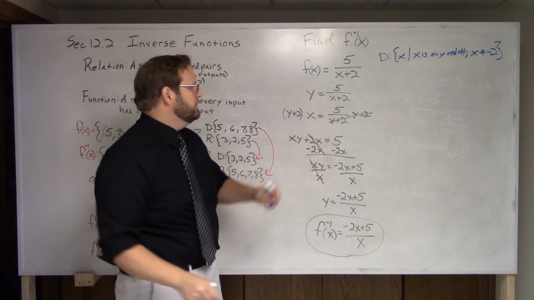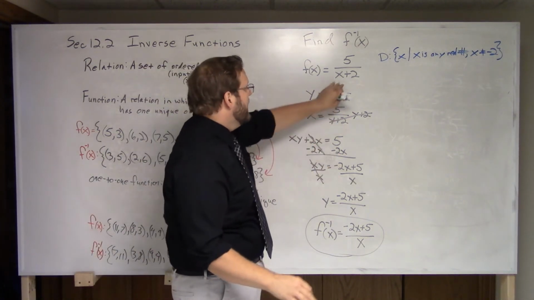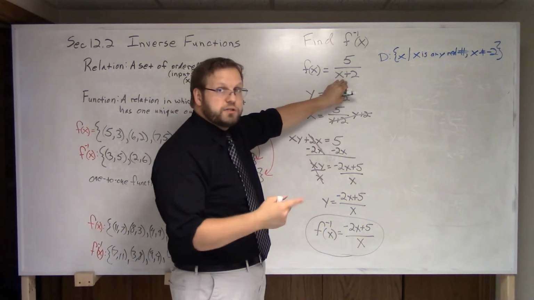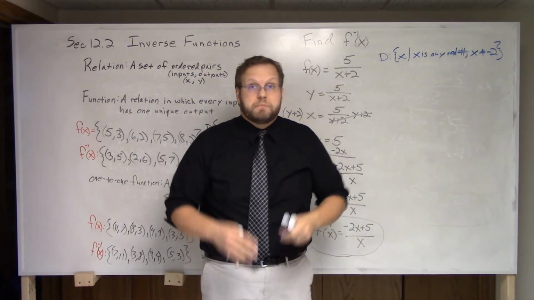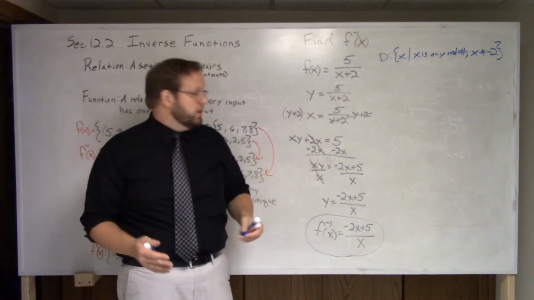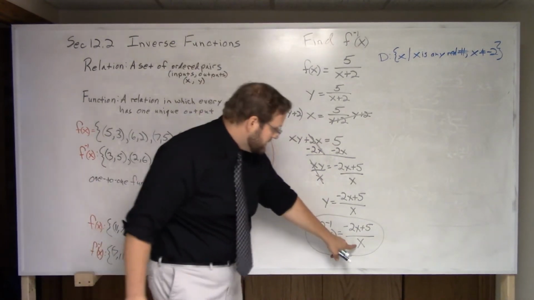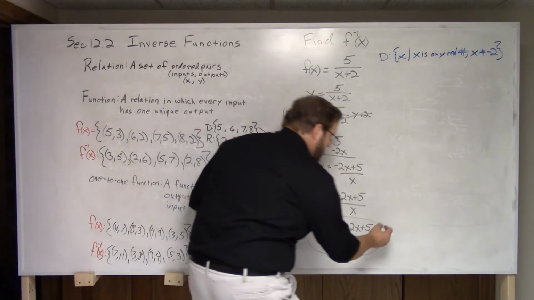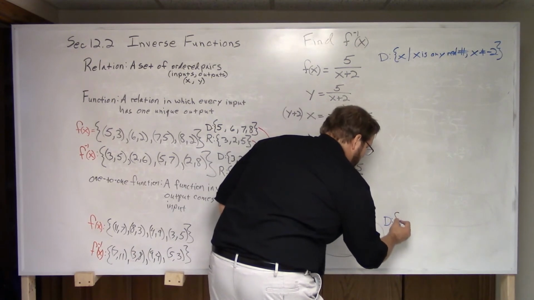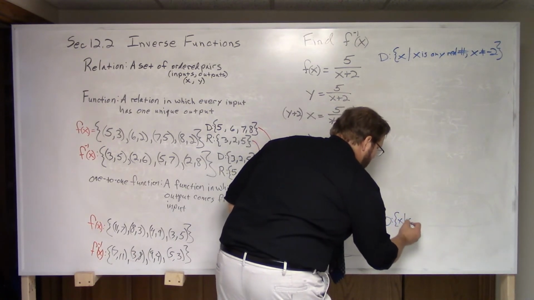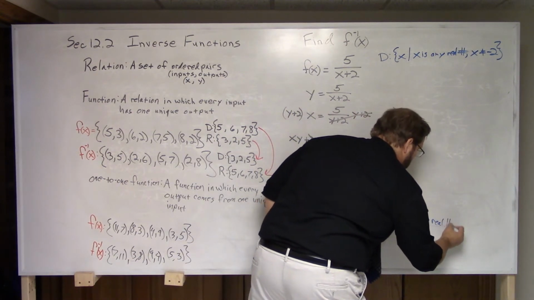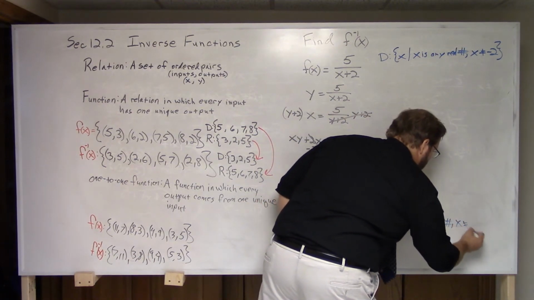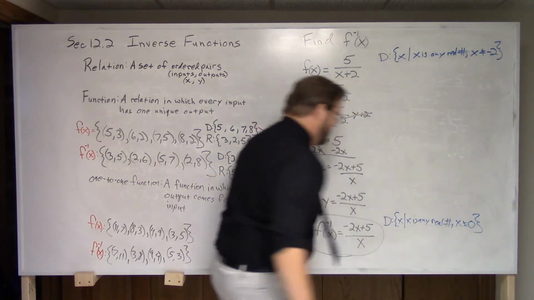Now, how did I get that? Just to make sure we're all on the same page, I would set this denominator equal to 0, subtract the 2, and that would be my restriction. That's all I could do. That's my domain. Same thing here. I would set that denominator equal to 0 and say the domain is the set of all x such that x is any real number, but x is not equal to 0.